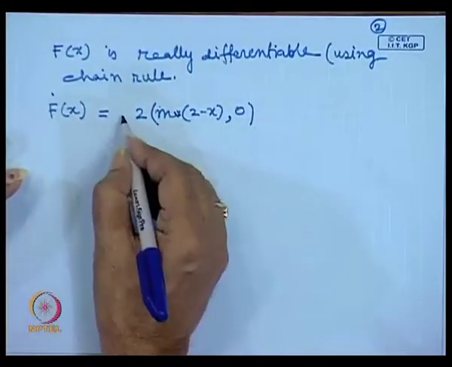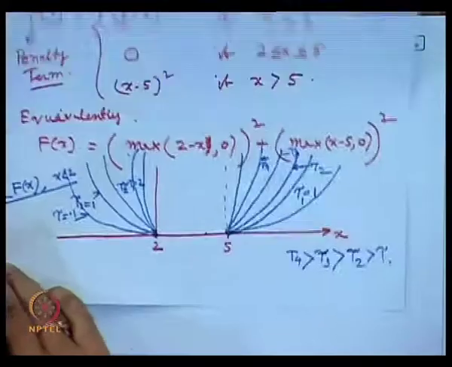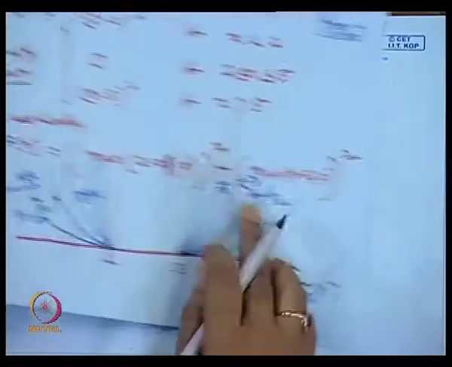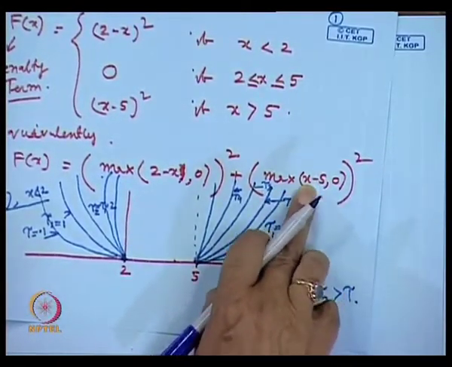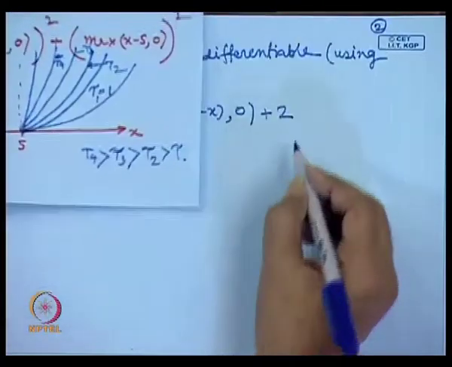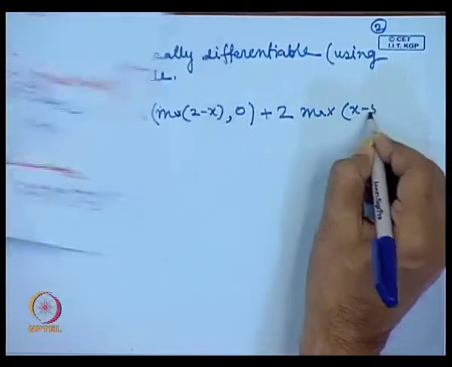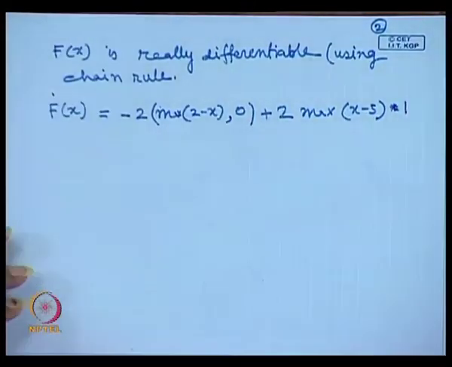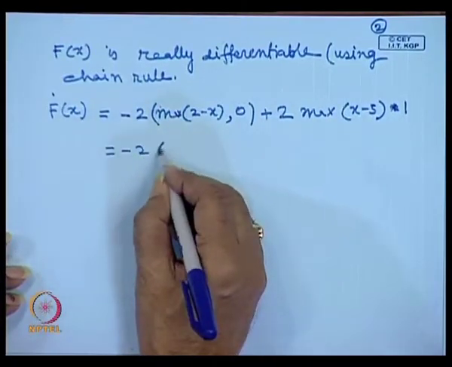So, it is a minus 2 times max of 2 minus x, 0, with minus 1, plus the second term differentiation, the square, 2 will come, then the differentiation of x minus 5, that means 1, so max of x minus 5 into 1.